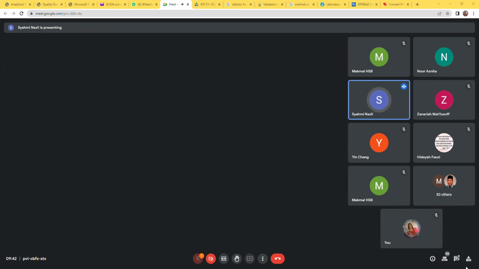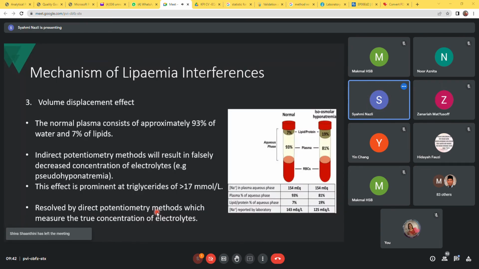This is the pseudo-hyponatremia because of the limitation of the method itself. So how do we resolve this interference? We can simply measure the sodium with the direct potentiometry method, which is the direct ISE in the blood gas machines, because this type of method can measure the true concentration of these electrolytes.